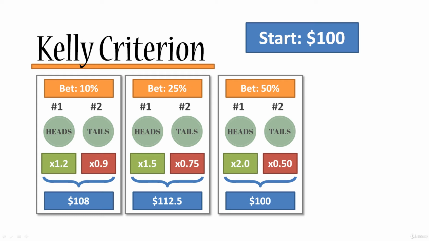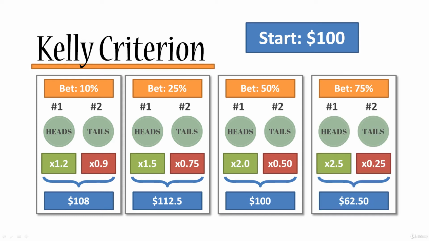So after the heads we would go to $200, after the tails we would go back to $100. And one more scenario, the one we've also already looked at, if we bet 75%, then overall our result after a pair of heads and tails is $62.50. So it's below our starting balance. So to start off with, 4 scenarios is sufficient.